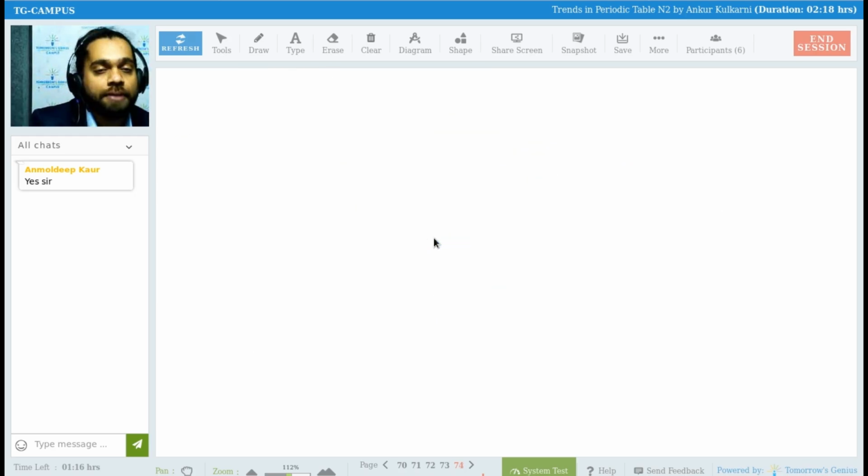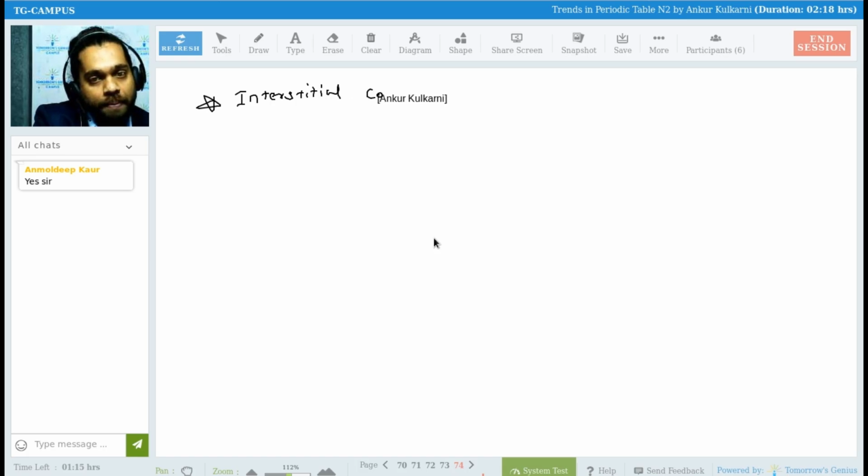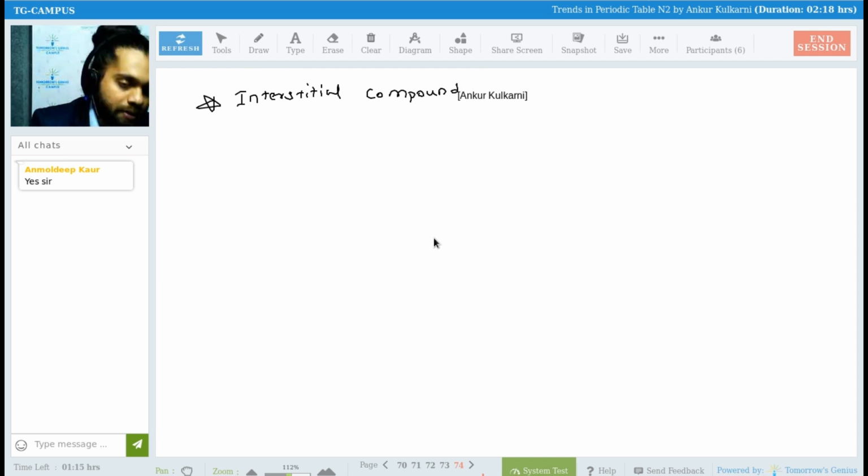Then we have something called an interstitial compound. Does anyone remember, by any chance? We have done this in the solid state. Interstitial site.